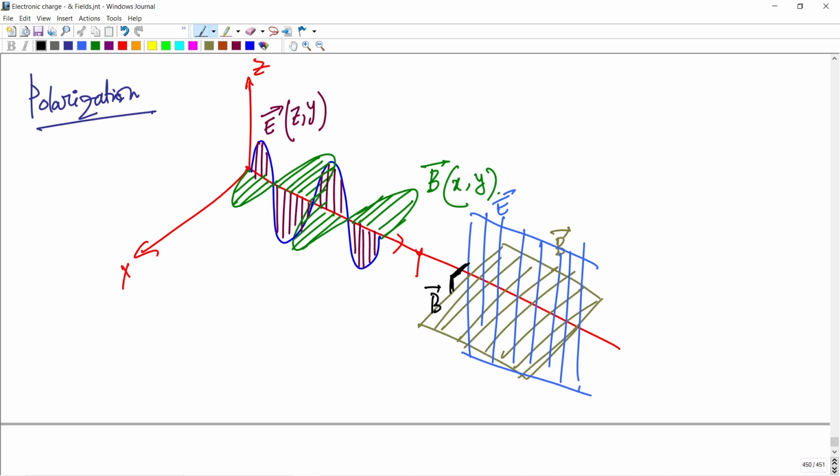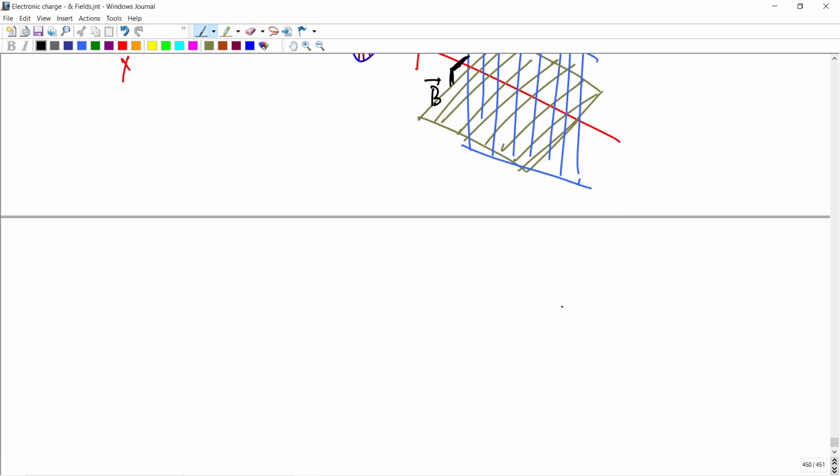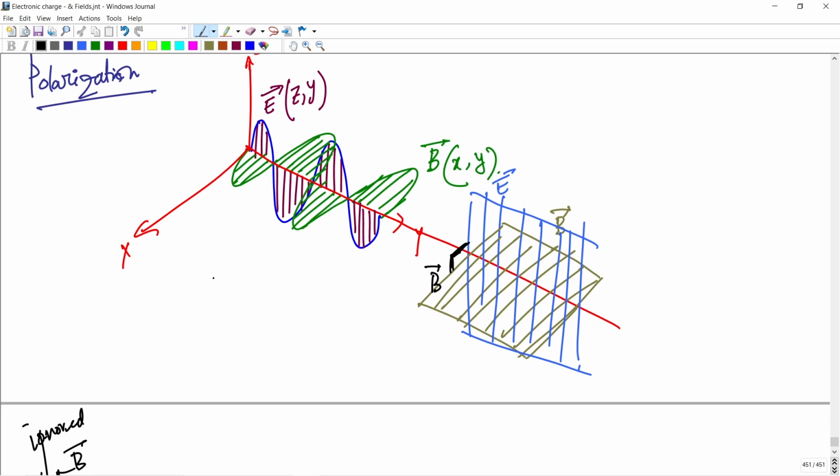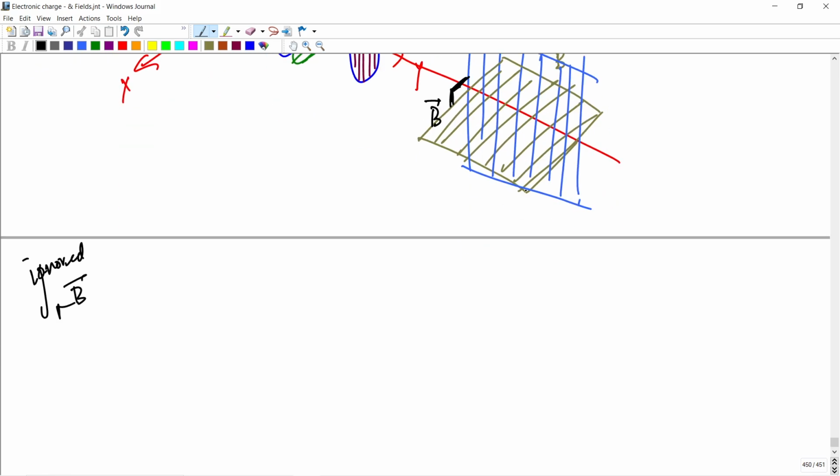Suppose we ignore the magnetic field, B. So there is only the electric field. The electric field vibrates in the Z direction and propagates in the Y direction. So the plane of oscillation of the electric field is the ZY plane.